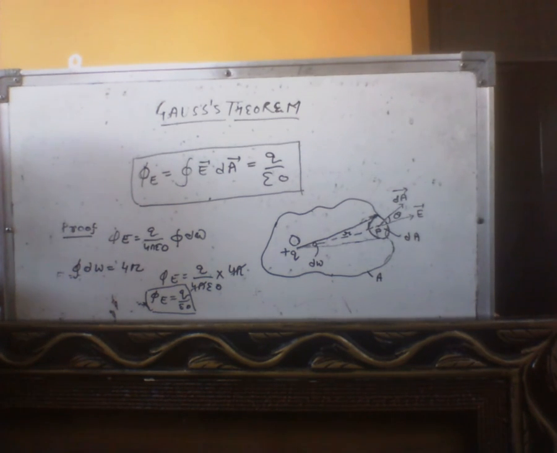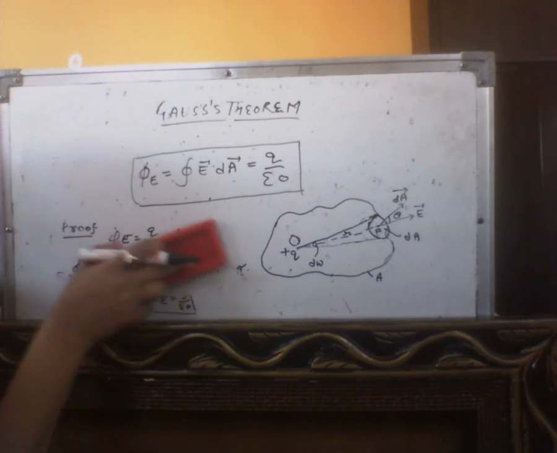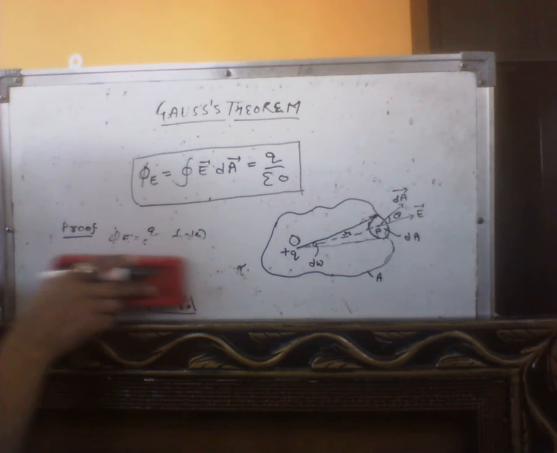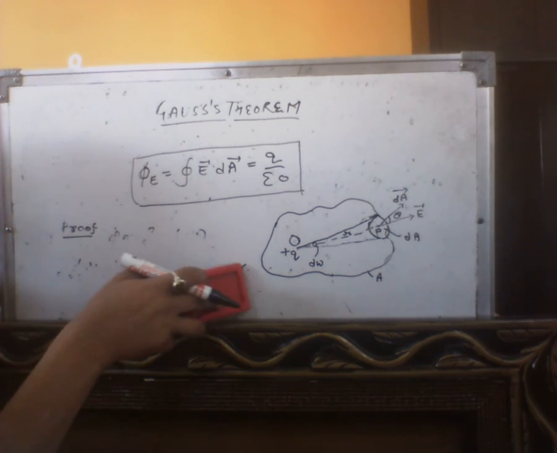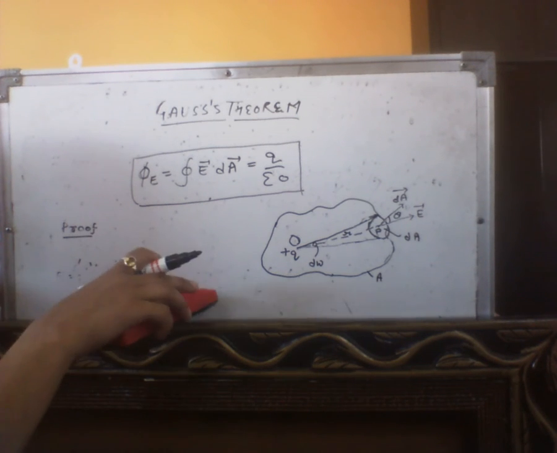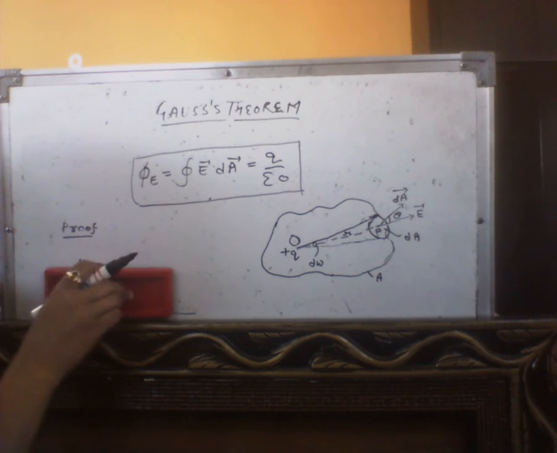Now let us consider another situation. If this closed surface contains more than one charge, then how will we calculate the total flux?